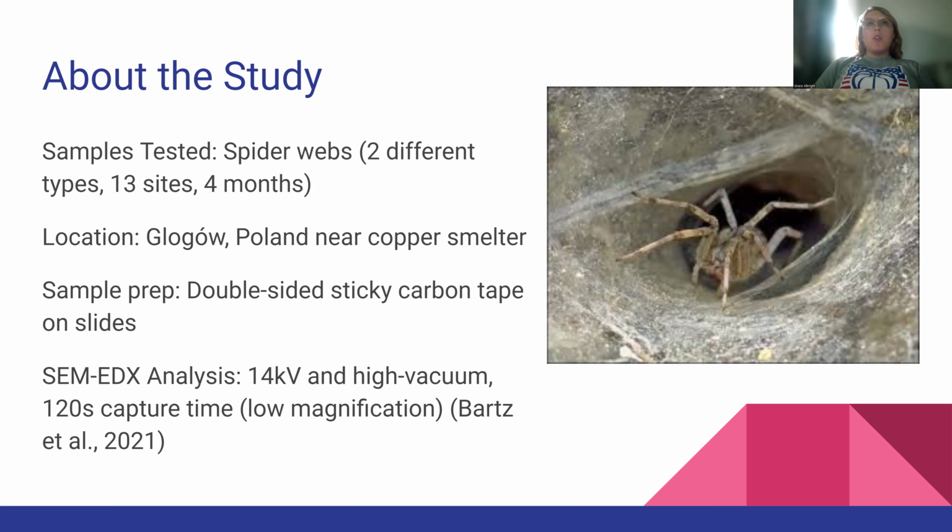In doing so, they chose to analyze two different types of spiders native to the area, such as the funnel web spider, which is depicted right here on this slide. They reviewed 13 sites surrounding the copper smelter in Glogau, Poland, over a period of 4 months. I believe it was from May all the way up until September.